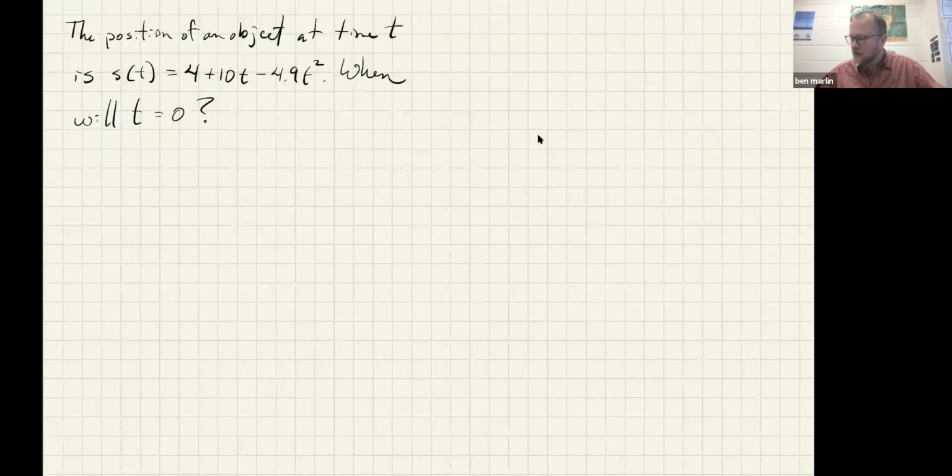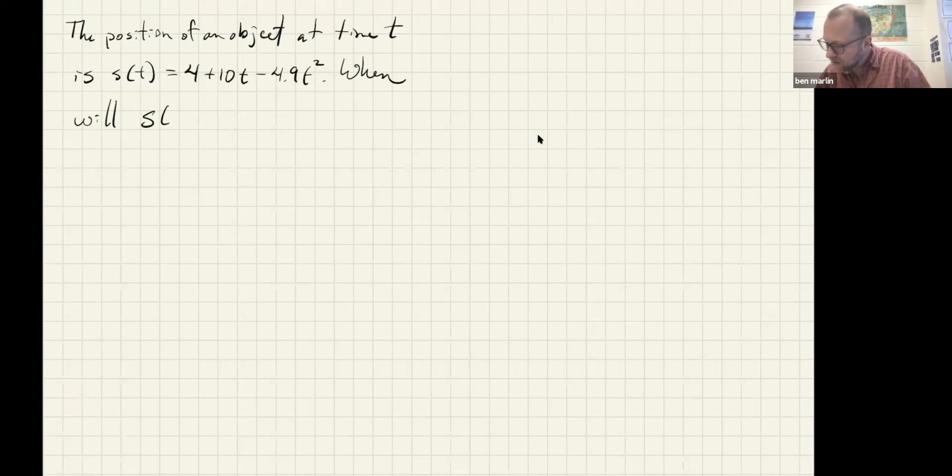Okay. Oh, I forgot to do something. Let me share screen again, because there's something that you probably know how to do, but just in case, I'm going to remind you. So if I had that same sort of problem here, it said the position at time t equals 0, when will, wow, let me edit this.